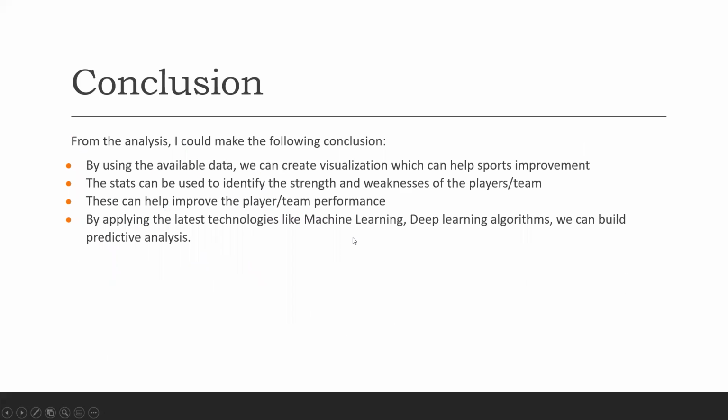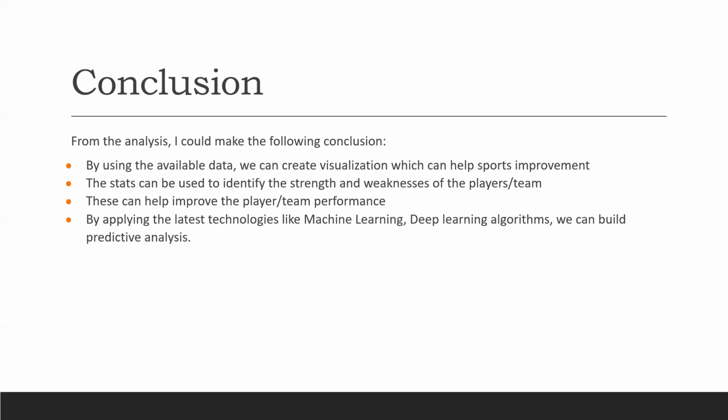The conclusion from the analysis is that, by using the available data and the latest technologies, we can create visualizations which can help sports improvement. The stats can be used to identify the strengths and weaknesses of the player or the team.